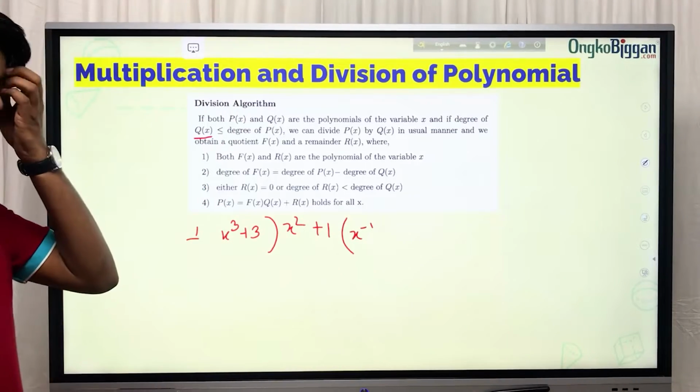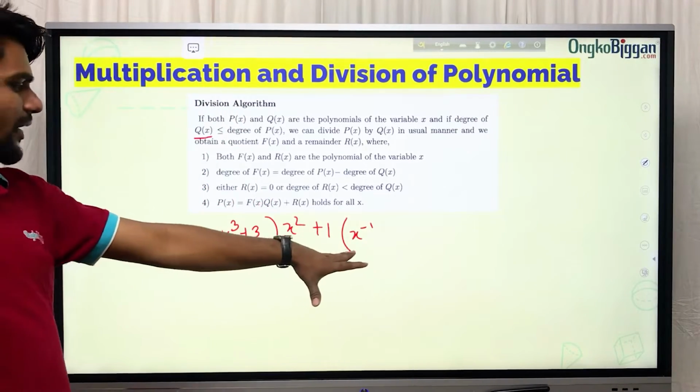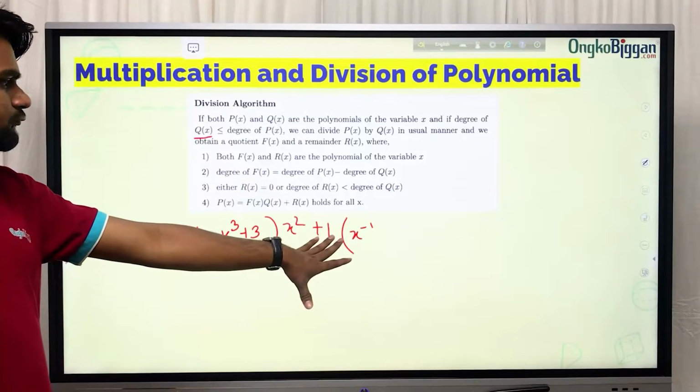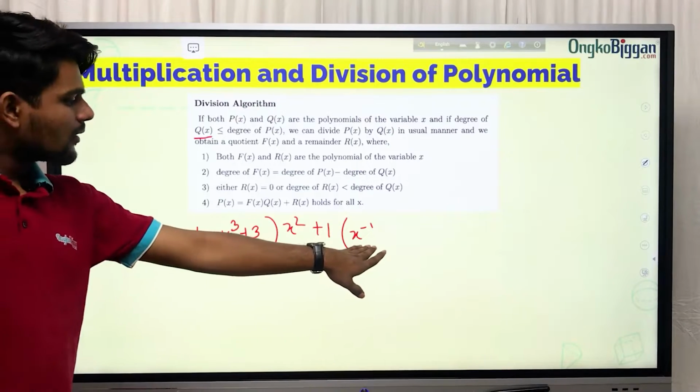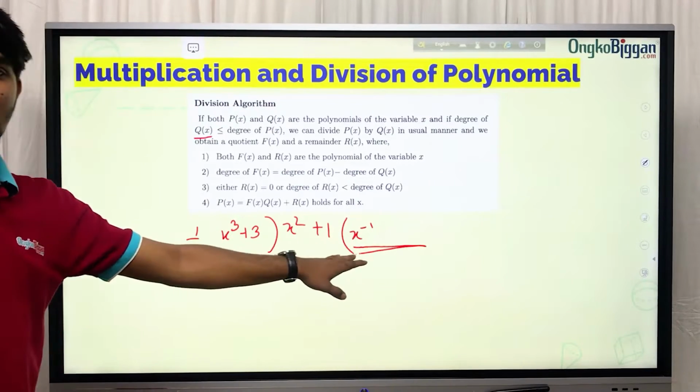So in the division algorithm, what I'm trying to say is this resultant will not become a polynomial.